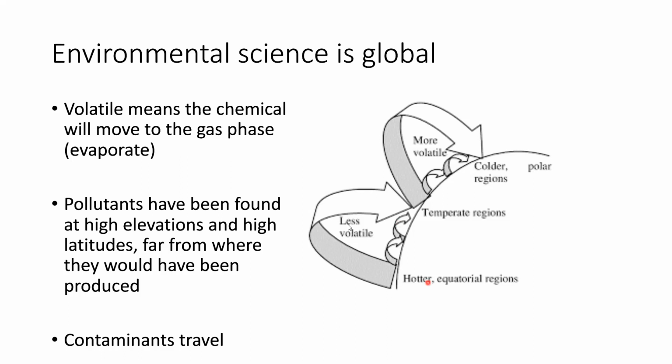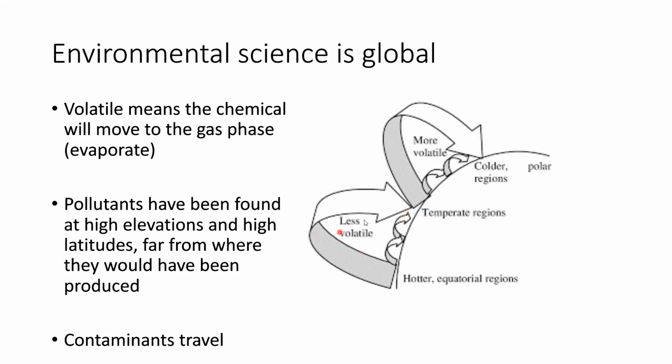So just looking at this image here quick, volatile just means it's a substance that's got the ability to go into the gas phase. So it could be a solid or a liquid, and then it's going to wind up turning into a gas. What it's showing here is some substance starts near the equator where it's going to be warm. That hot temperature causes that substance to go into the gas phase, and then it's able to travel through the atmosphere and can move thousands of miles away.